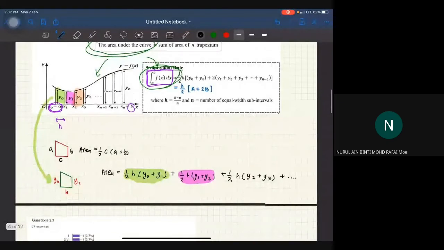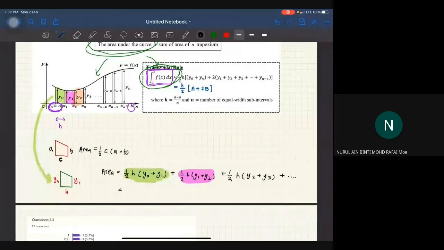Okay, so kalau kita try to rearrange the equation that we have for each trapezium, dia ada benda yang sama yang kita boleh factor out kan, which is this one. 1/2H, 1/2H, 1/2H ni dia akan ada dekat setiap equation kita. Okay, so boleh bawa 1/2H tu keluar.